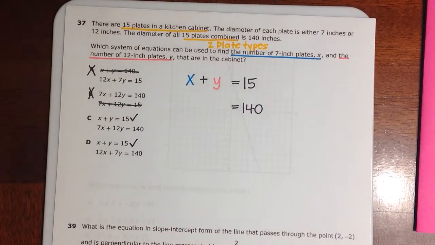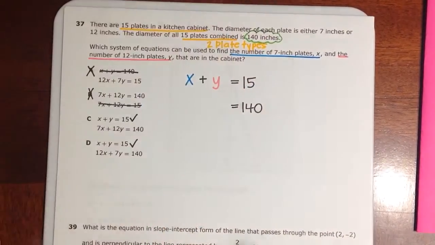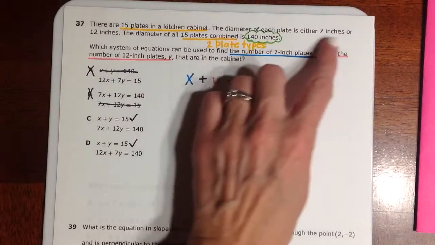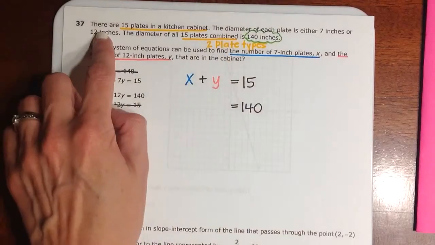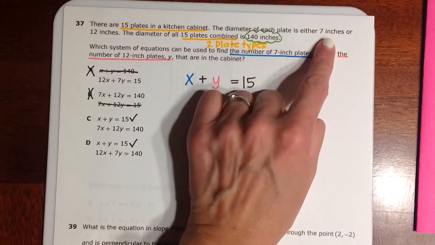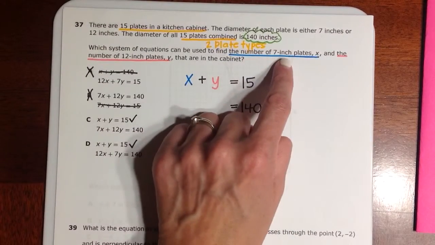It's talking about inches. 140 inches. Okay, so what other type of inches do we have in the problem? We have 7 inches and 12 inches. Is 7 inches referring to x or y? It should be referring to x.